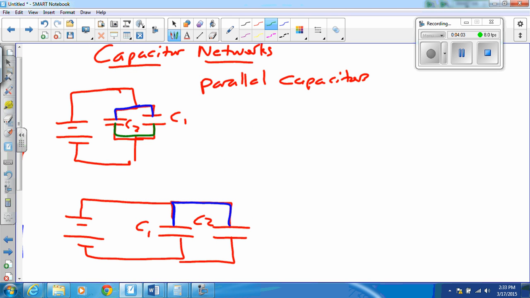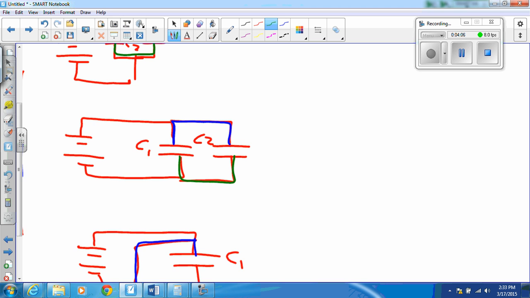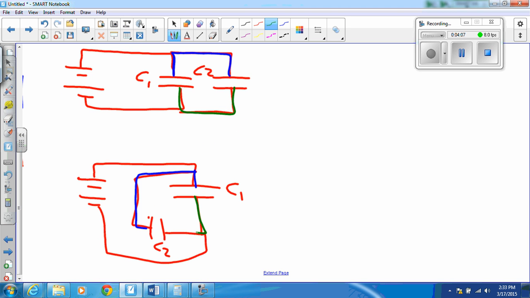And now the green lines here connect C1 to C2 on the other side. As a result, they are in parallel because they're connected on both sides. Ta-da. As long as the lines are touching, just look at how they're connected. If they're connected at both ends, they're parallel.